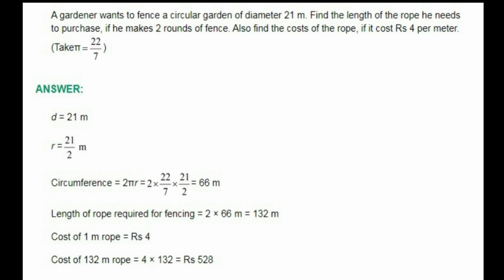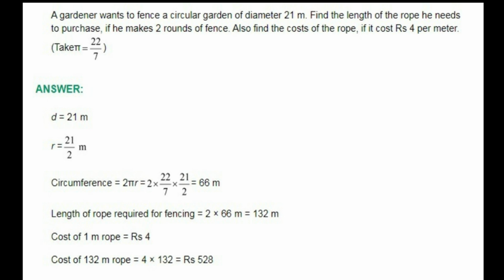If the gardener wants to make 2 rounds of fence, what is the total length of rope required, and also find the cost of the rope if the per meter cost is rupees 4. So we write the diameter as 21 meter, and we need to find the radius.